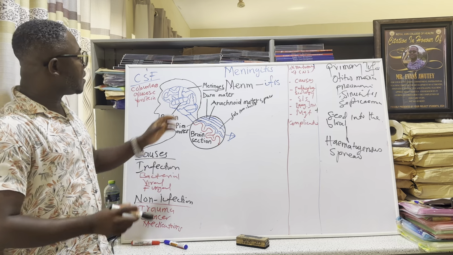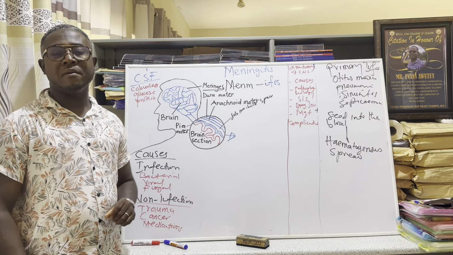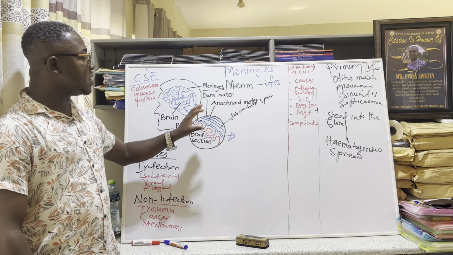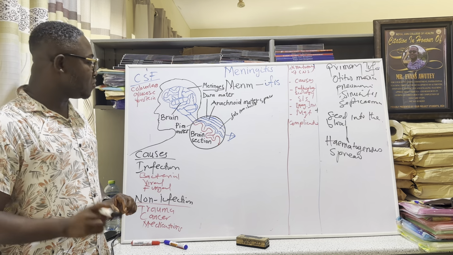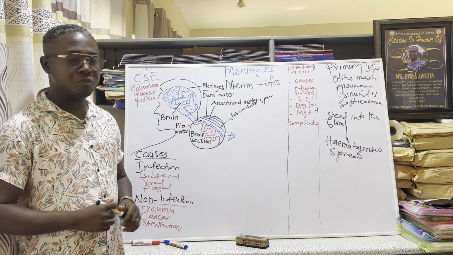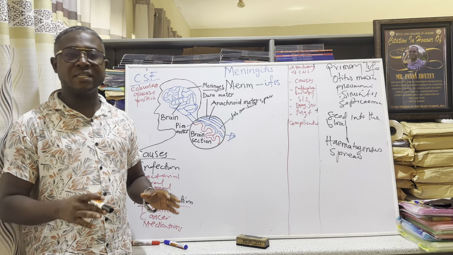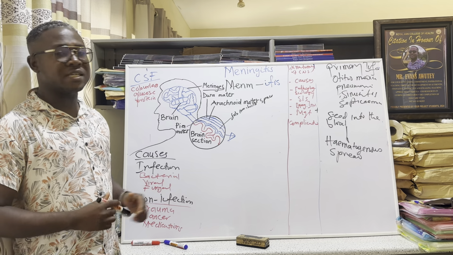Now, the meninges, we said we have three layers. We have the dura, the arachnoid, and then the pia mater. But inflammation of the meninges can occur in any of these layers, but mostly they prefer the subarachnoid space. So most of the meningitis or the inflammation of the meninges occurs within the subarachnoid space.